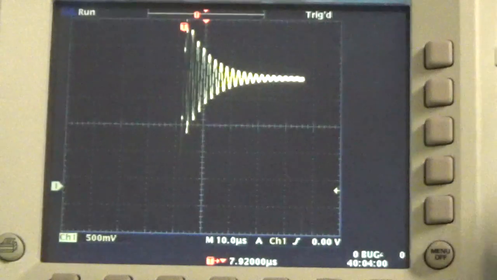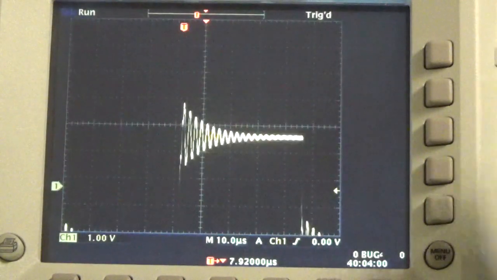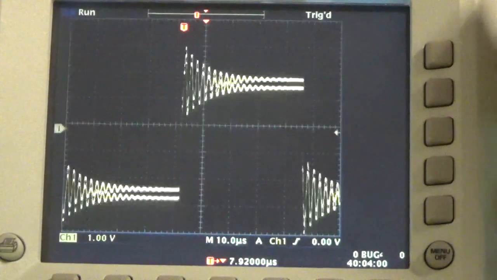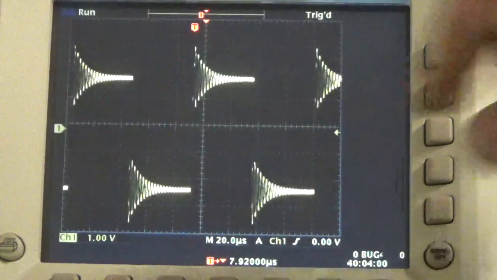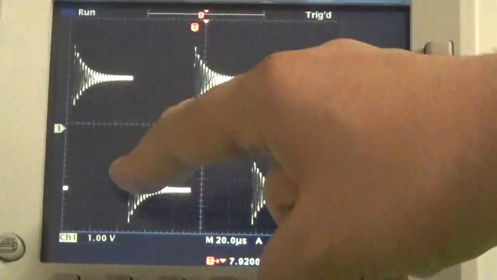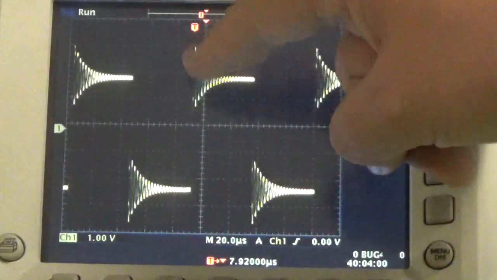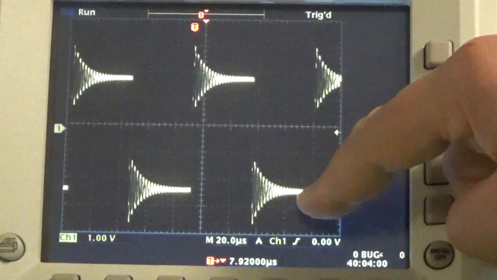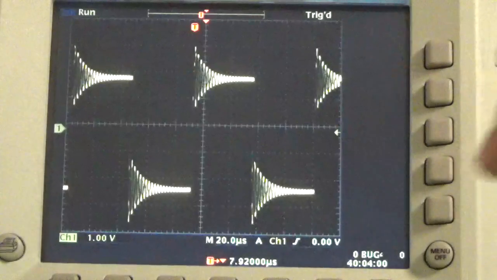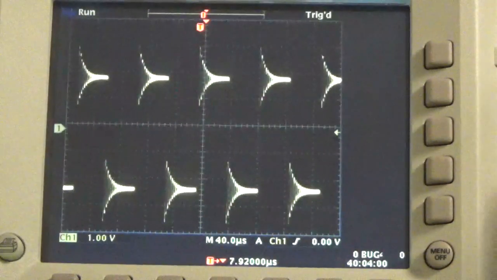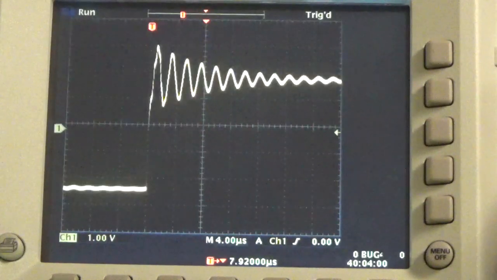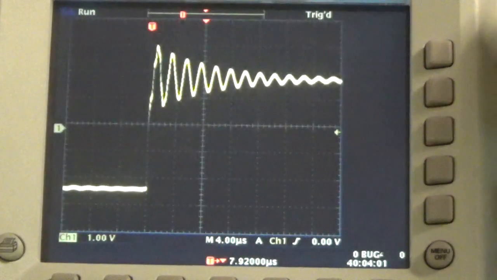You can see that we have more than one oscillation right here: go down, oscillating, go up, oscillating, and so on. I will focus on one of these oscillations and try to figure out its periodic time.